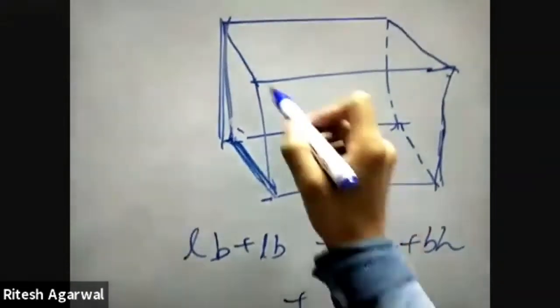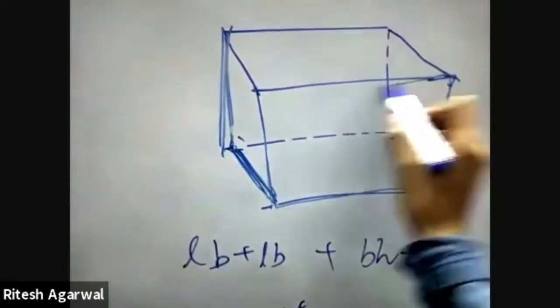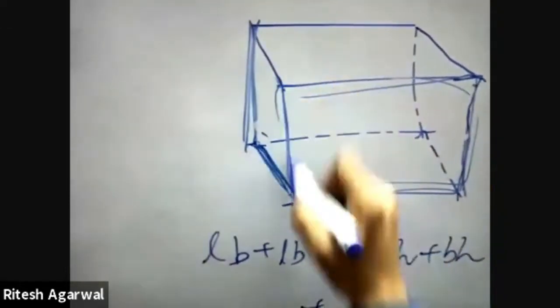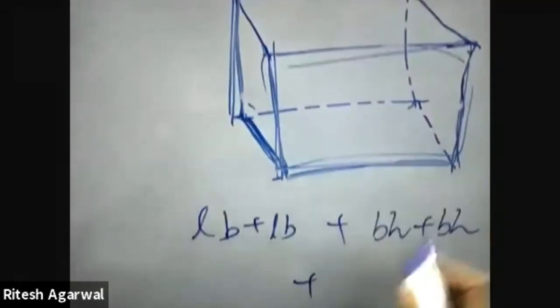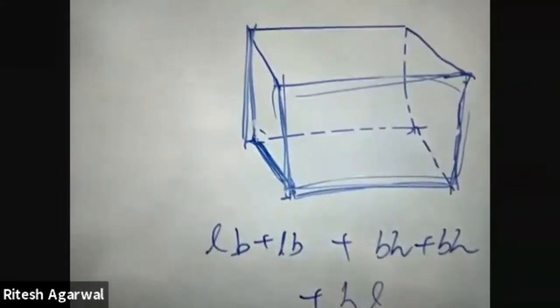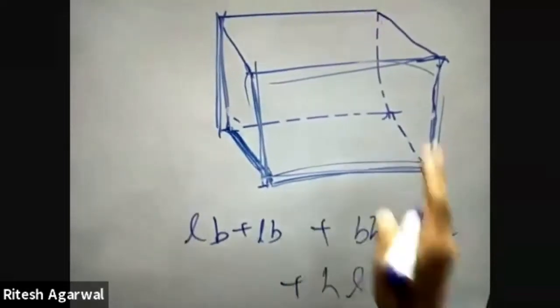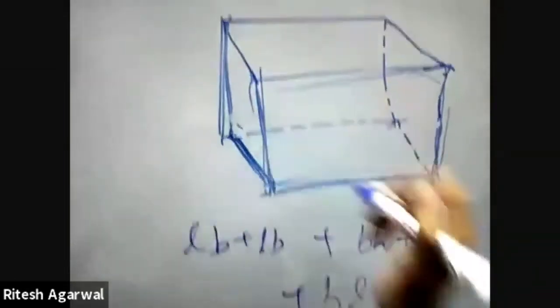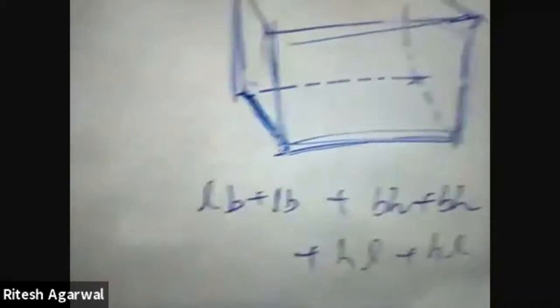And the last one is the area of this rectangle. The area of this rectangle will be height into length. This is height, and the longer side is length. And the area of the rectangle opposite to that will again be height into length.